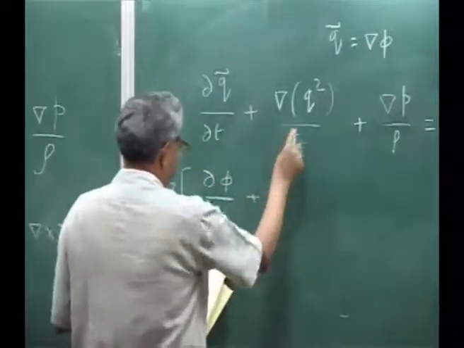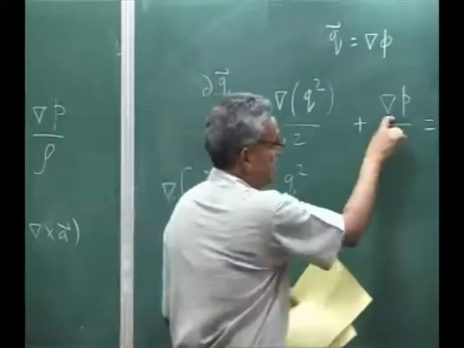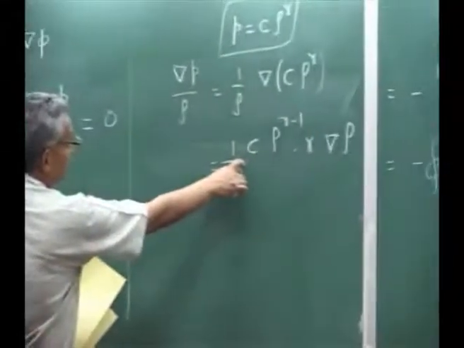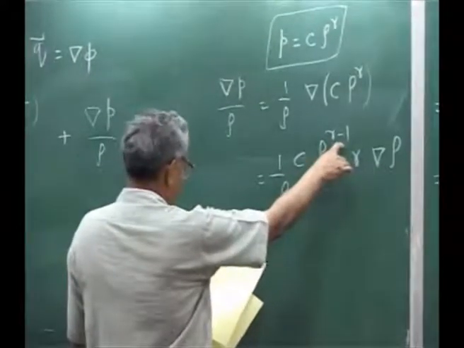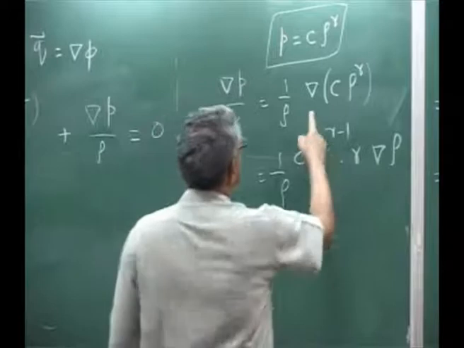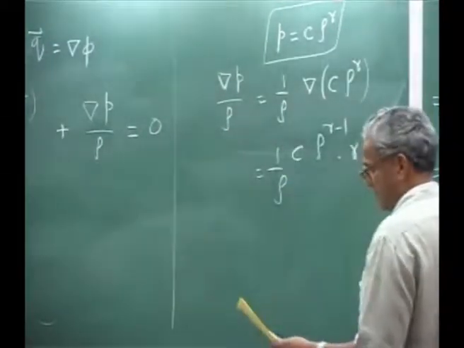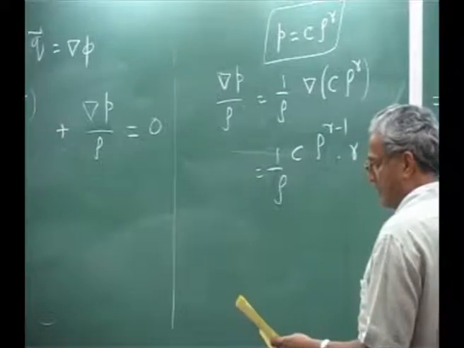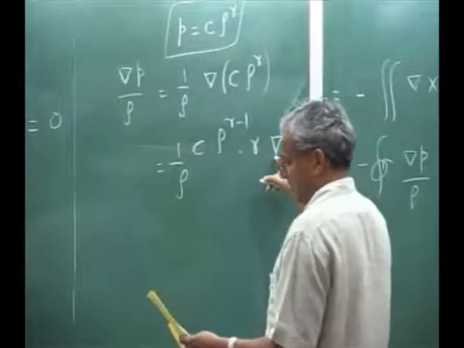Then this is q square over 2. So you see rho and rho cancel.